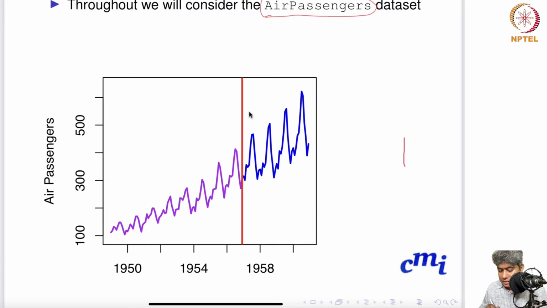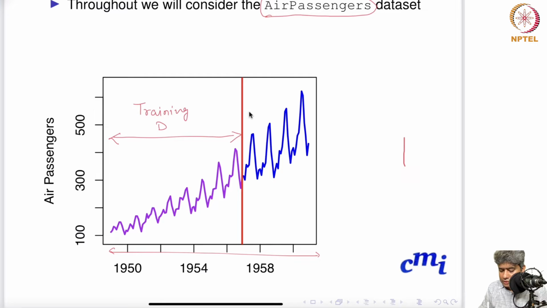This AirPassengers dataset has the monthly number of people who traveled by air in the US between, I think, 1949 and 1962. We are going to take the period up to 1957, marked with purple, as training data.